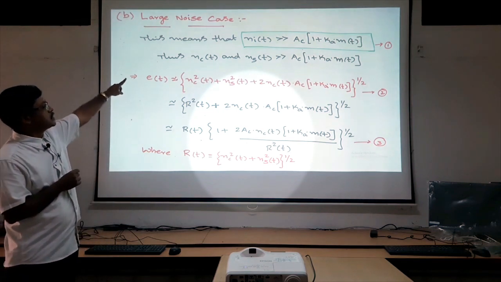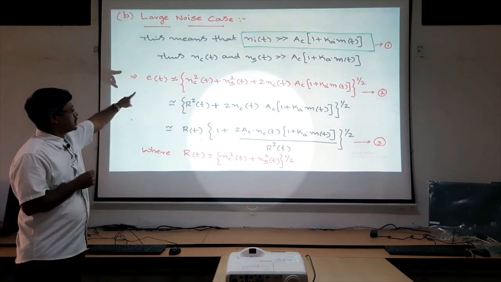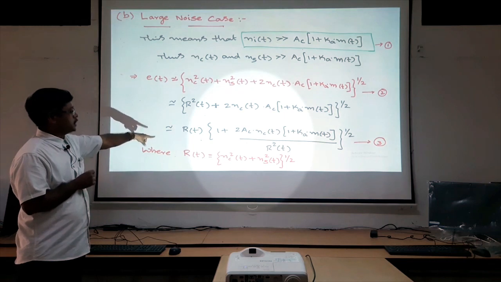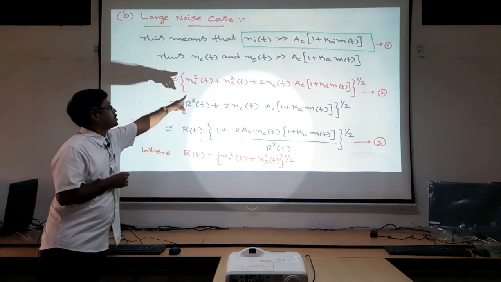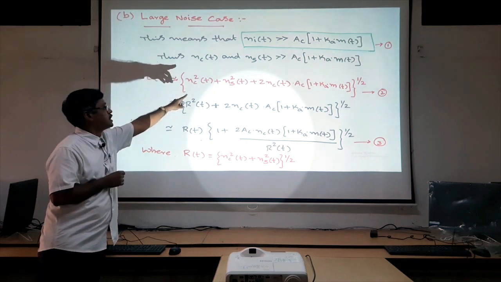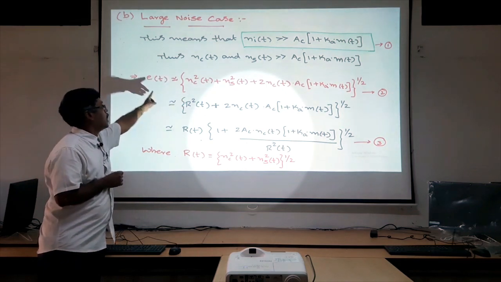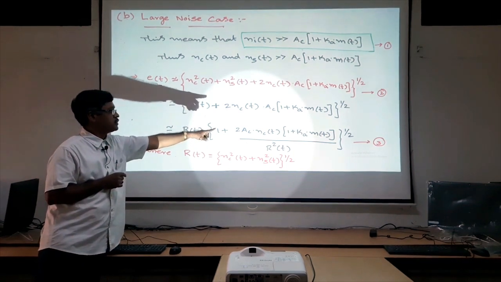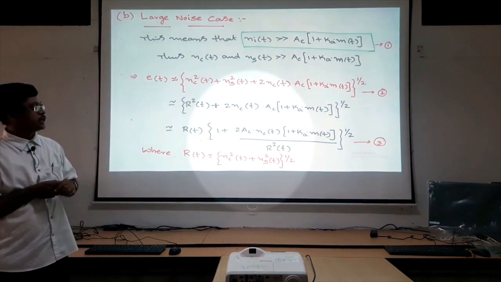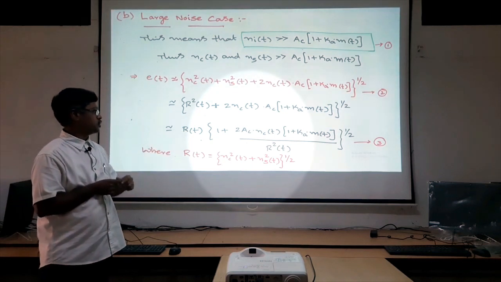So now by considering this approximation, I am defining the envelope. At the end, by assuming these two terms, Nc squared(t) plus Ns squared(t) as R(t), I am defining the envelope as R(t) into 1 plus 2 Ac Nc(t) into 1 plus Km(t) divided by R squared(t), the whole power 1 by 2.